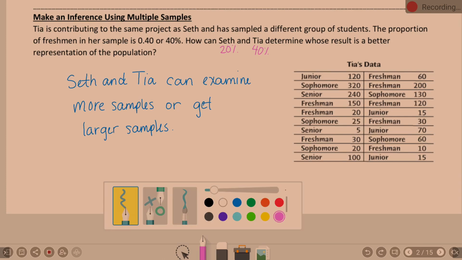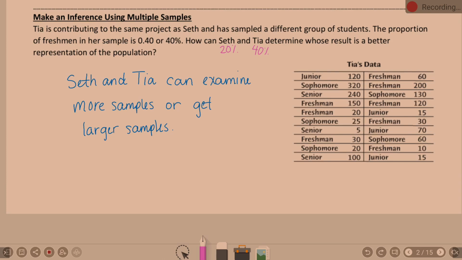Okay, so key things there, more samples or larger samples, or both. I just noticed in my notes I have and/or.